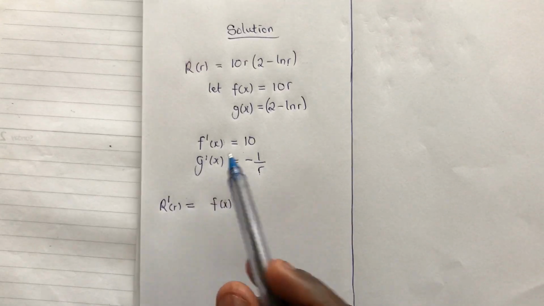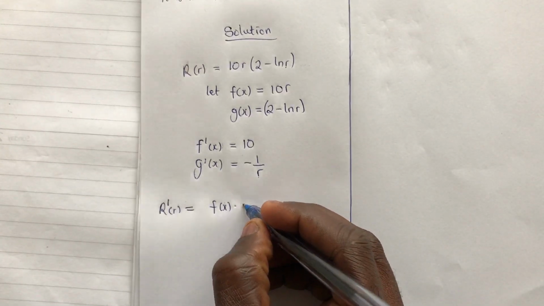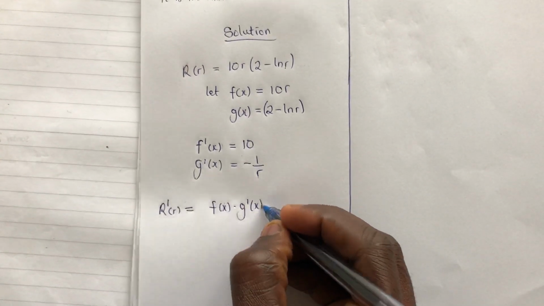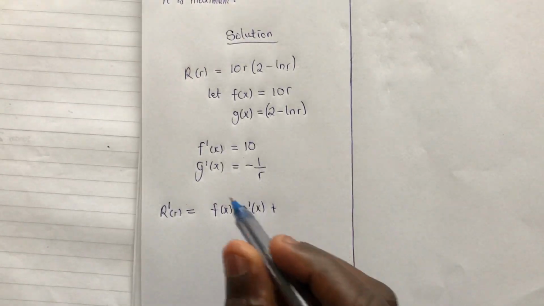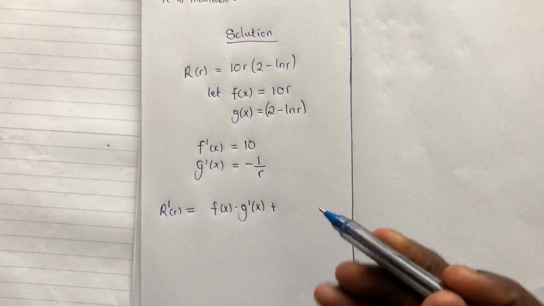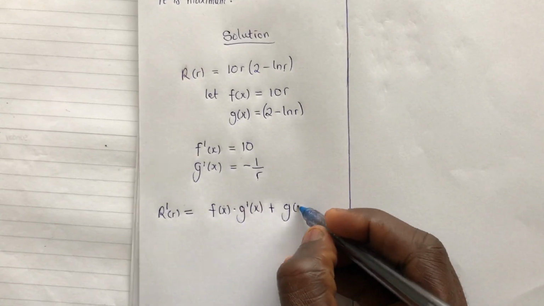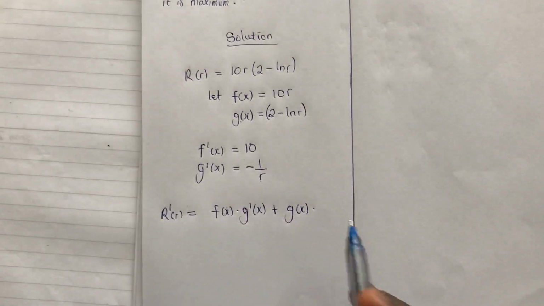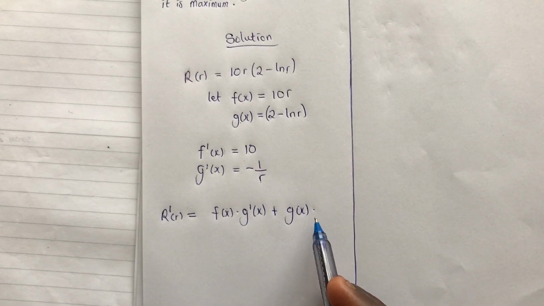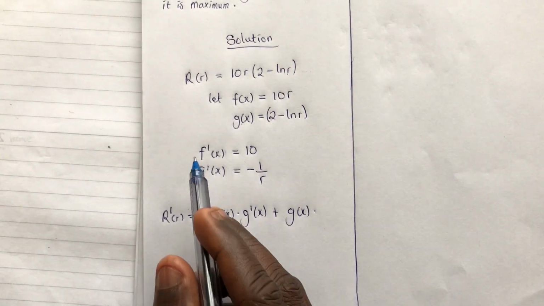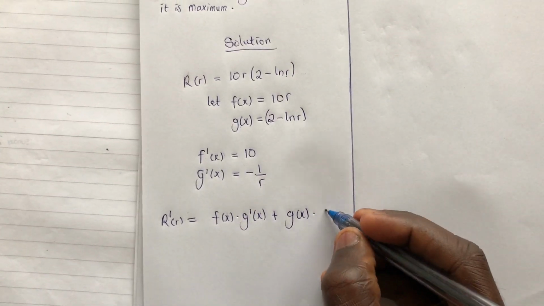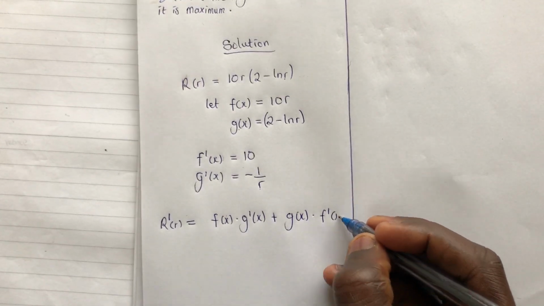So we multiply by this one. So I have g bar of x plus, now go back and take the second function, g of x, multiply by, the dot here means multiplication. So multiply by the first derivative, which is f bar of x.